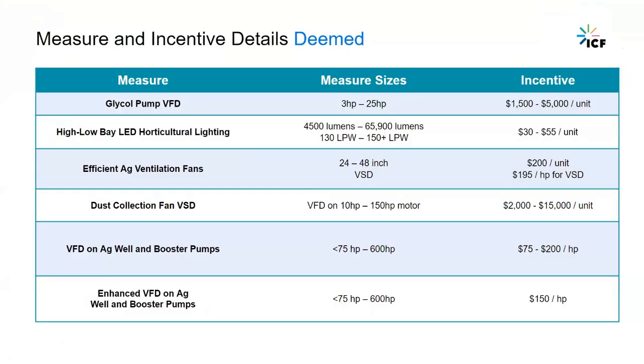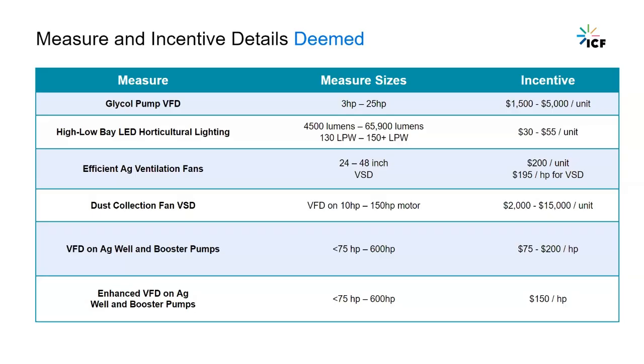So first, I'm going to go over some of the electrical measures that we have on the program. The list you see in front of you is for deemed measures. These are measures that require equipment to be new, already installed within this year. And it's a prescriptive rate, so we're paying based on the unit or based on the unit's horsepower. So we have everything from glycol pump VFDs to ventilation fan VFDs, irrigation well VFDs.